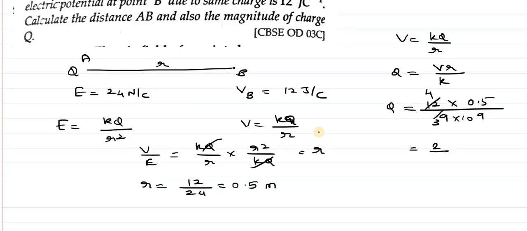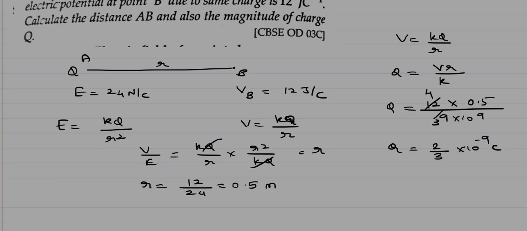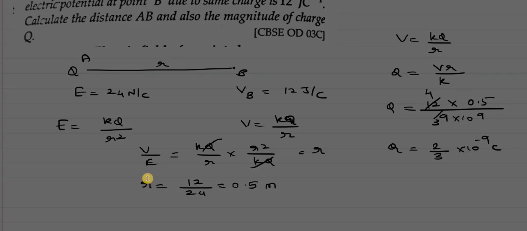So 4 into 0.5 is 2 by 3 into 10 to the power minus 9 Coulomb. This much is in. Clear? Any doubt?